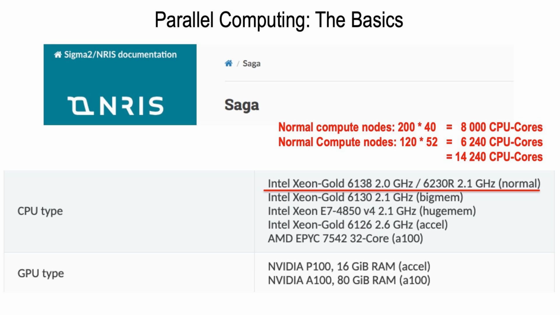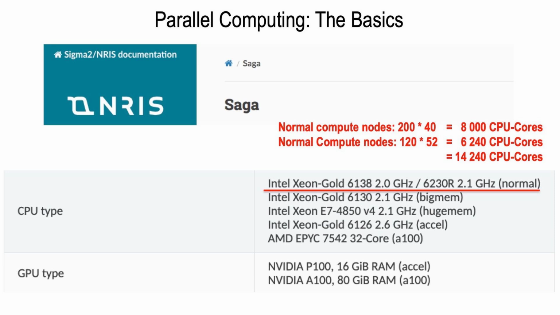The normal compute nodes come with 2 Intel Xeon Gold CPUs, some with the 6138 version featuring 20 cores, and others with the 6230R version having 26 cores. This means the normal compute nodes have 14,240 CPU cores. This is significantly more than the 8 login nodes, which only have 256 CPU cores.